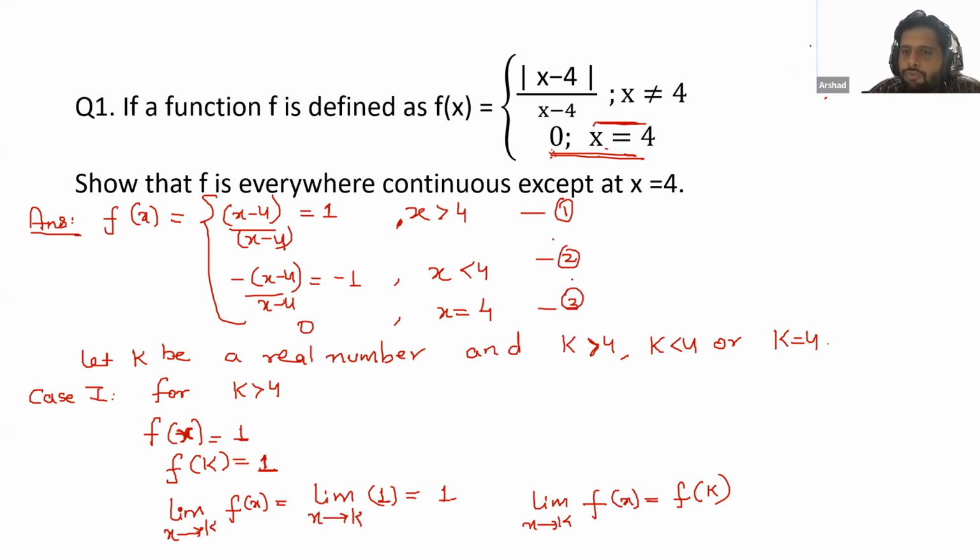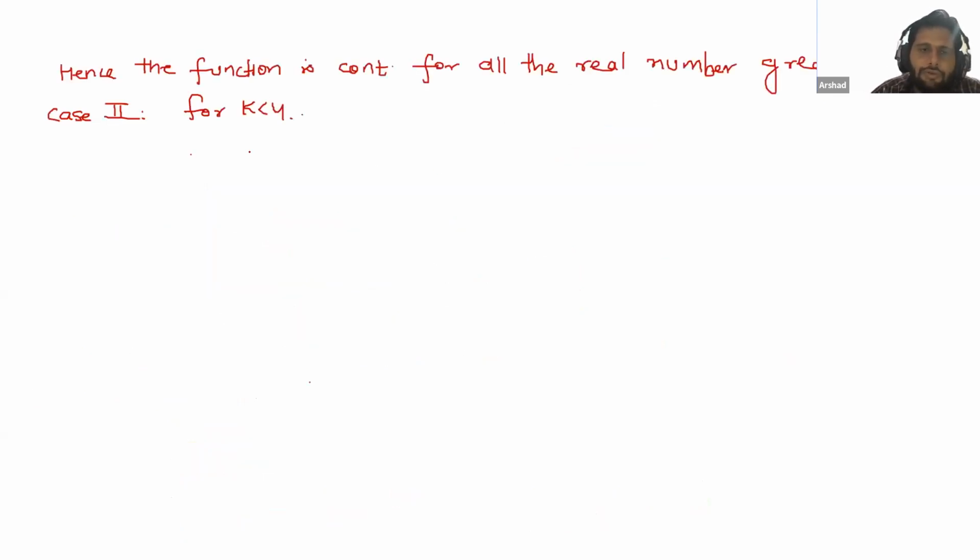So which one we will choose, Darshan? Second one, very good. For less than 4, we have -1. For x less than 4, f(x) is equal to -1. We will put k. So what we will get here, -1.